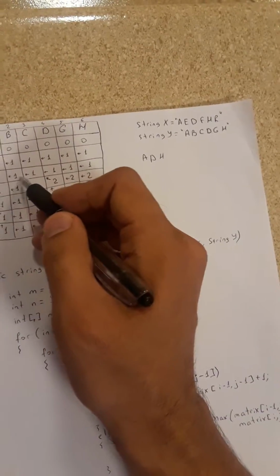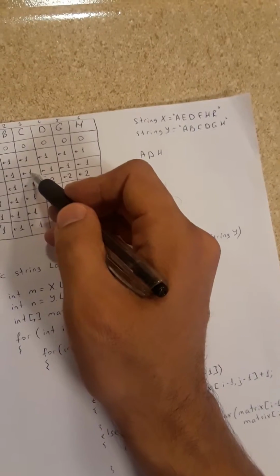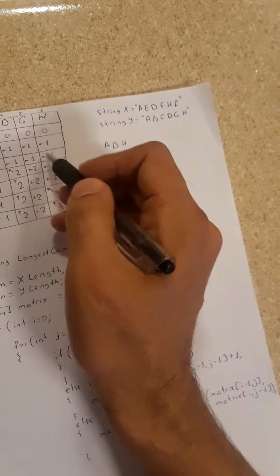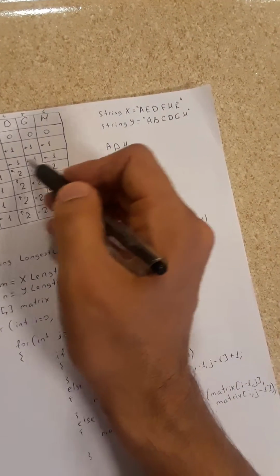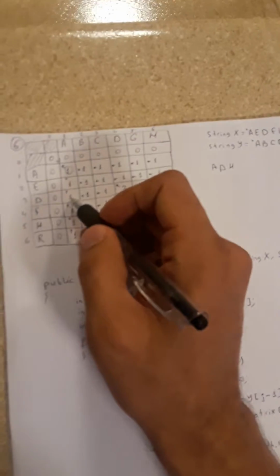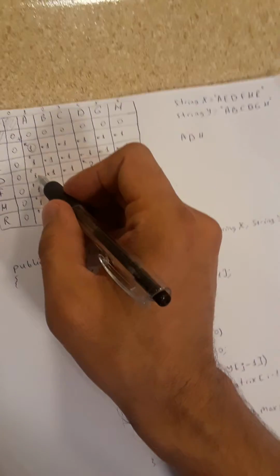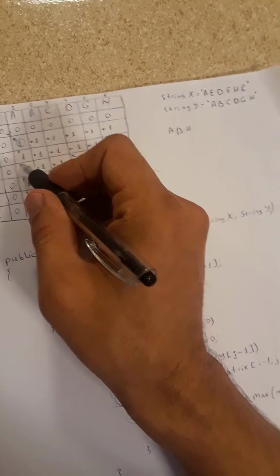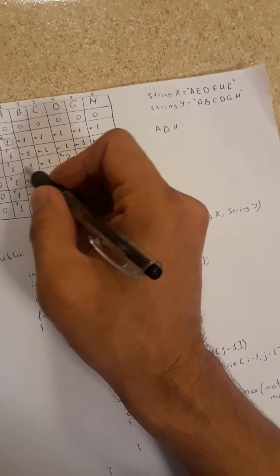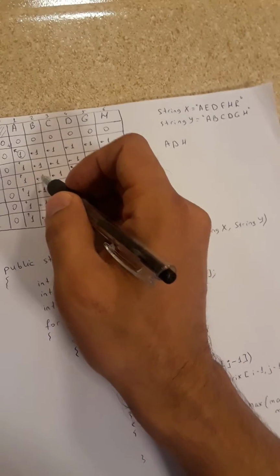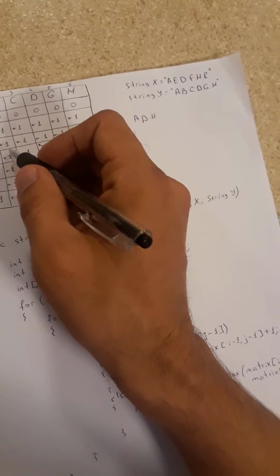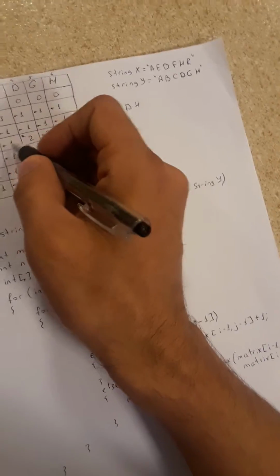Again we go to the right, and each time we populate it with 1, because there are no common characters in this line between the two strings. So we go to the third row. Again, we populate it from the top. Then we can populate it from either top or left, it doesn't matter, since they're equal.